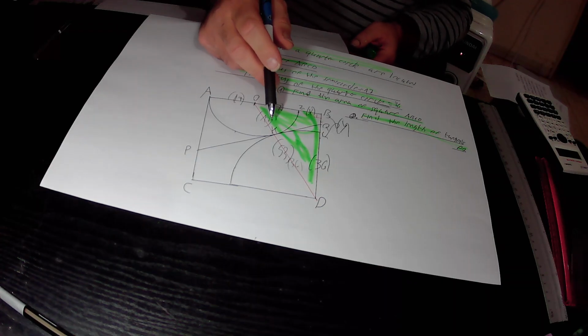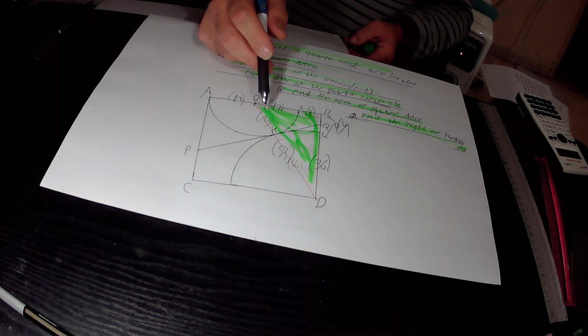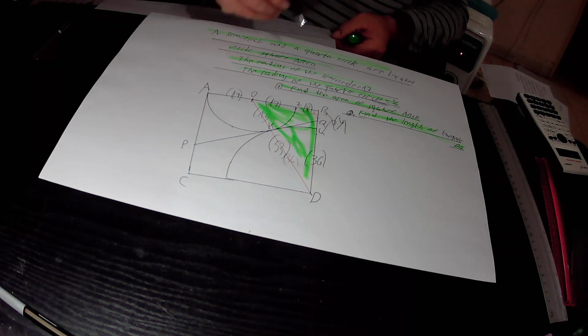OD equals 53 units in its length, therefore OD squared equals 53 squared. 53 squared equals 2,809.